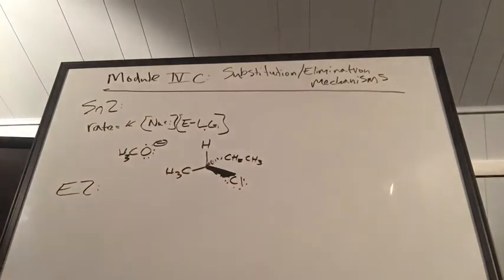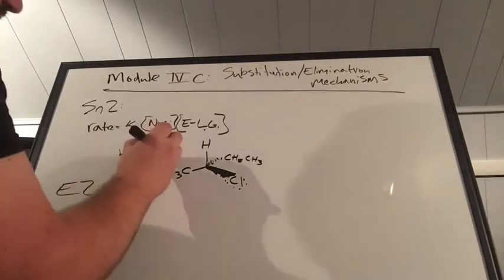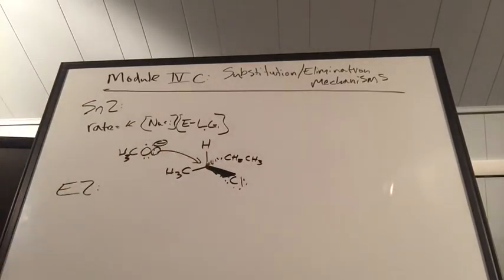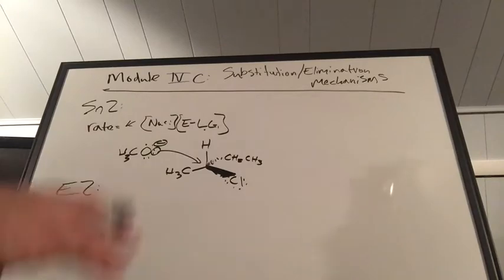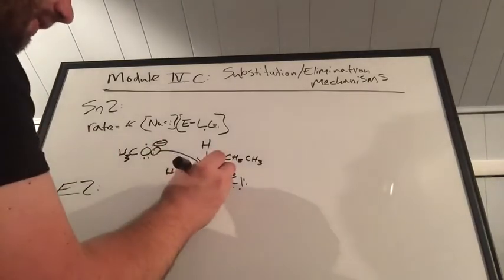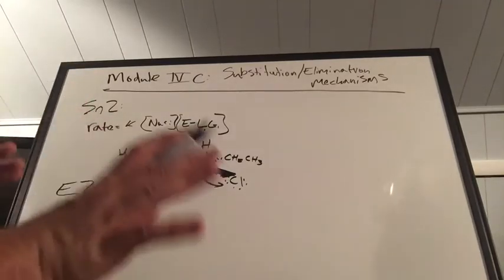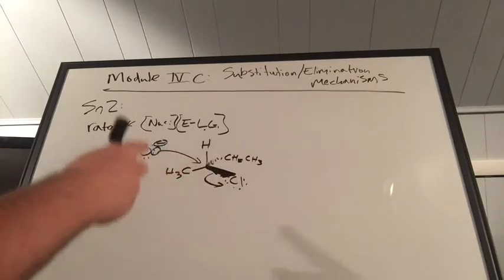Okay, so this is going to be a secondary substrate. So now I'm just going to do everything in one fell swoop. Remember that with SN2 mechanisms, there's no time for any kind of rearrangement or any carbocation reconfiguration or what have you. There's simply just going to be one shot with a transition state.